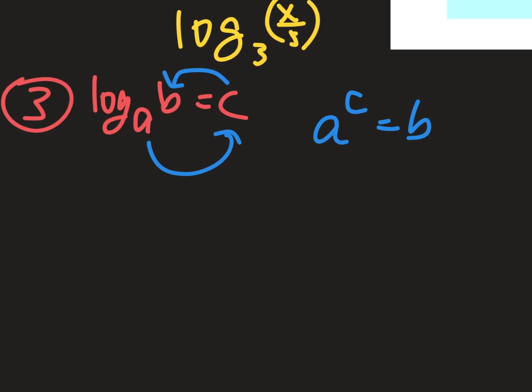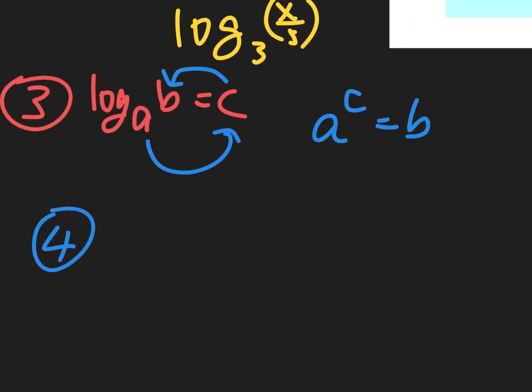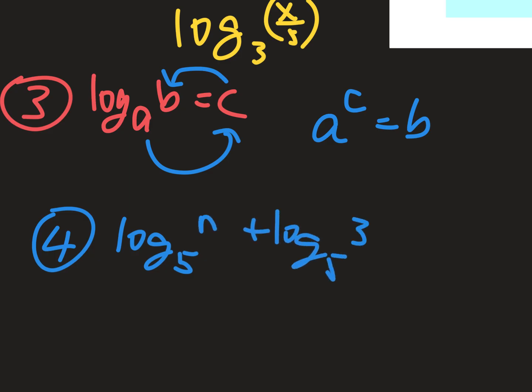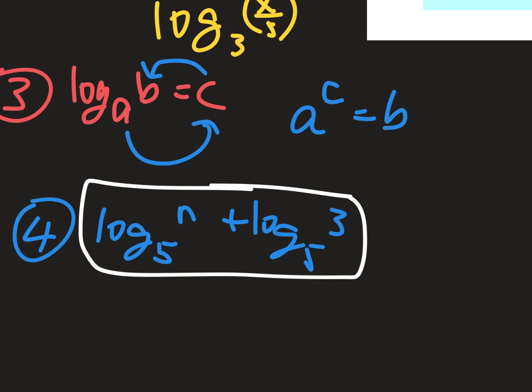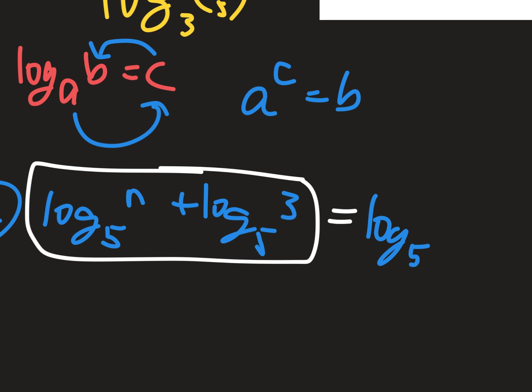The next one, number 4, is log base 5 of n plus log base 5 of 3. And right there, I know I'm going to add those together, because if you have 2 logs, you should always make them into 1 log. But it goes on, and it says equals log base 5 of 15.